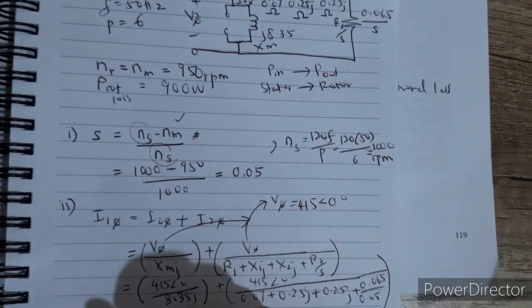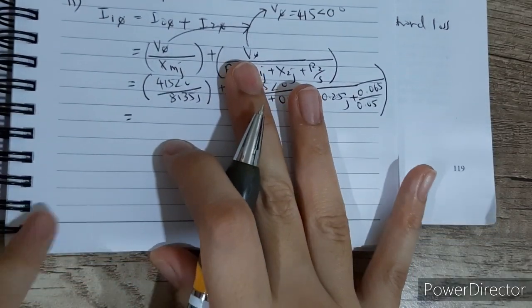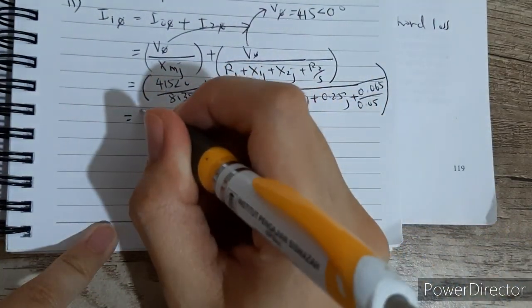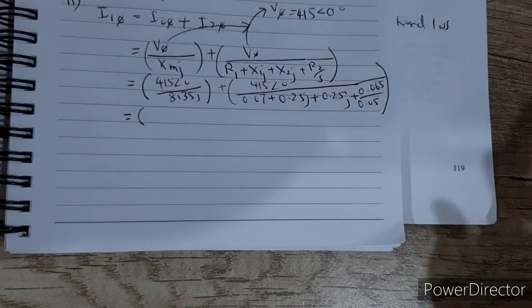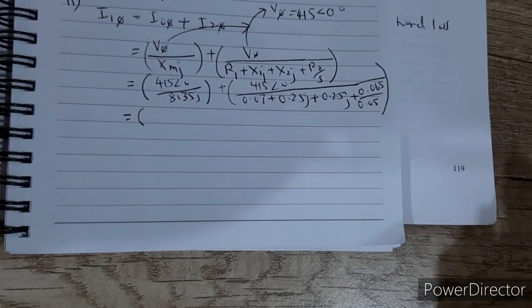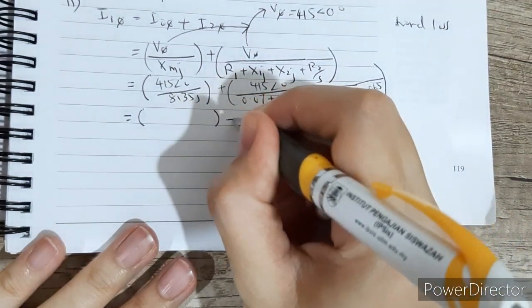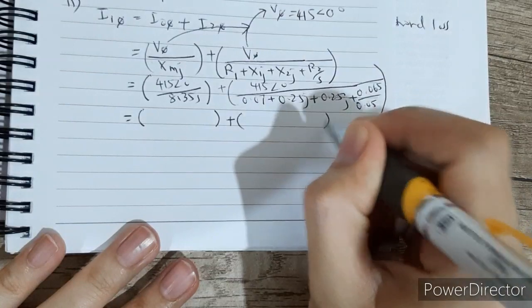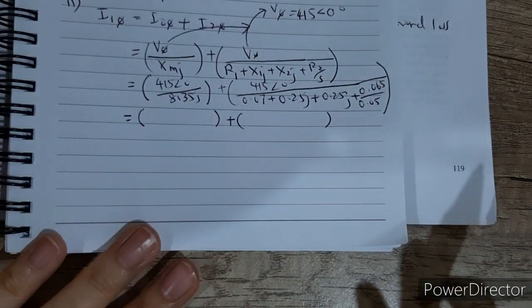Close bracket. So this will give you I naught phase. Please write down the final answer for I naught phase in polar, I2 phase in polar, and finally I1 phase in polar, because at the end you're going to need the magnitude of I2 phase to make some calculation.